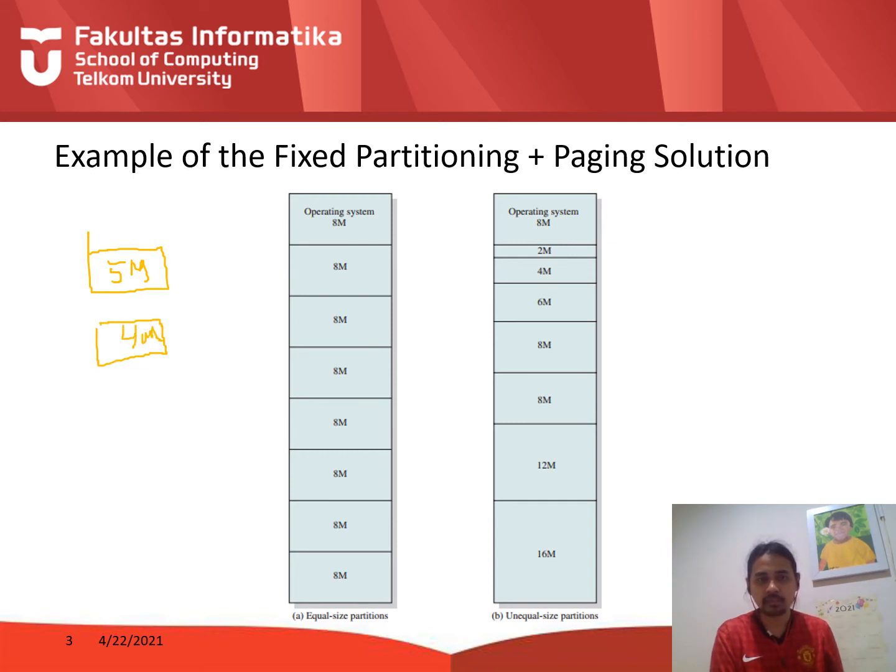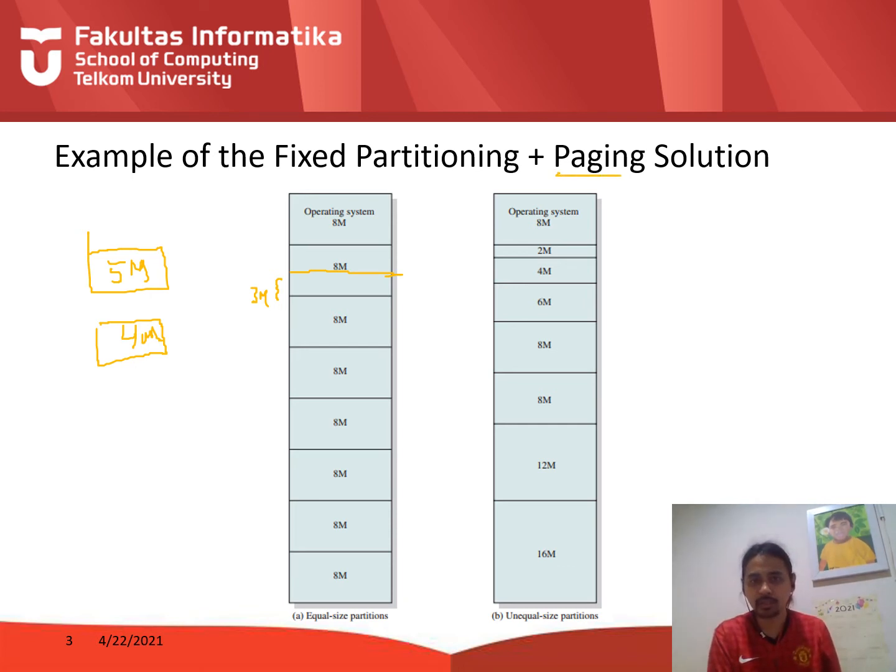The 5 mega goes here and leaves 3 megabytes, and the 4 mega couldn't go into this gap, so it goes to the second partition. But now the solution is paging.